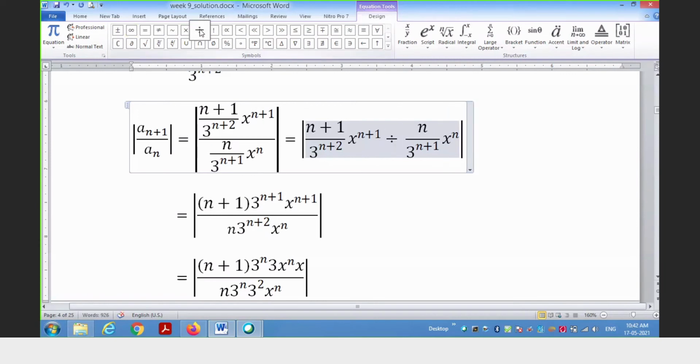If you want to multiply, then you have to reverse this one, so this one will be up and this one will be down.